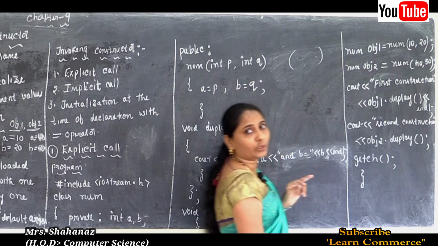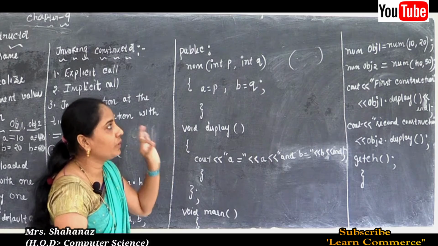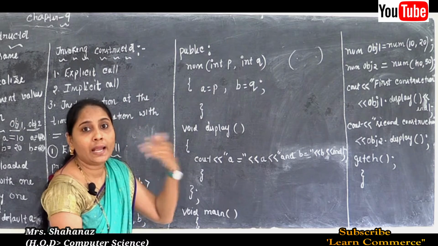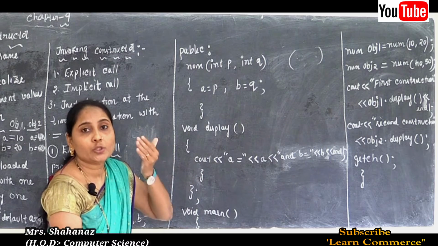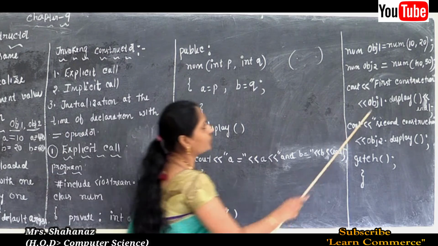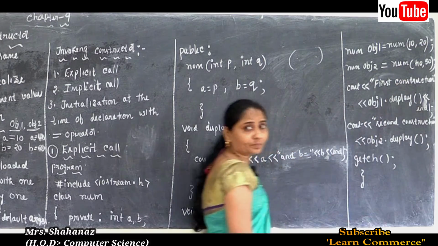This one is our explicit call. If you use such a line, it is called explicit. Openly we used values for the arguments: 10 for A and 20 for B.